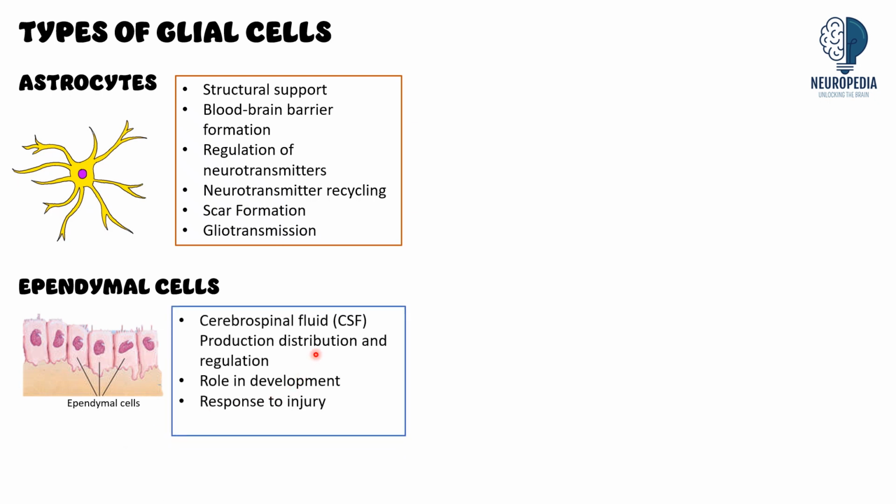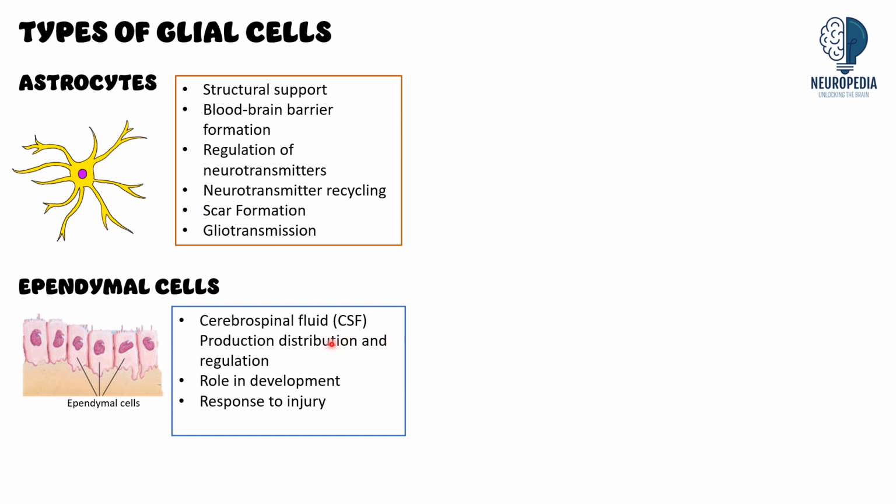First, they contribute in the production, distribution, and regulation of cerebrospinal fluid. Cerebrospinal fluid is a fluid that surrounds and cushions the brain and spinal cord.